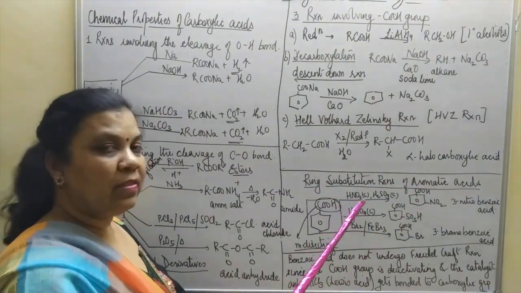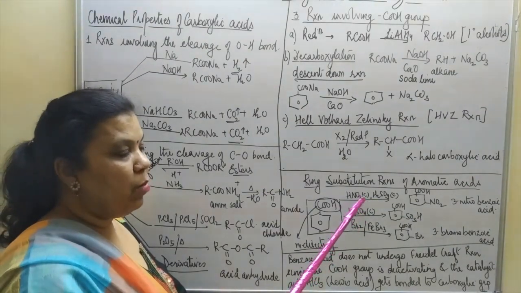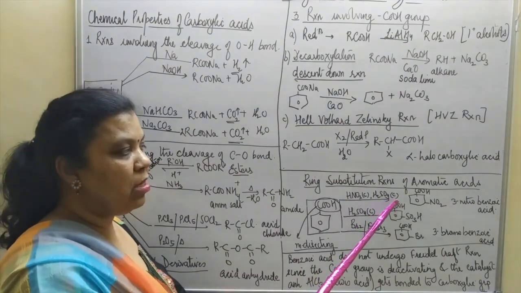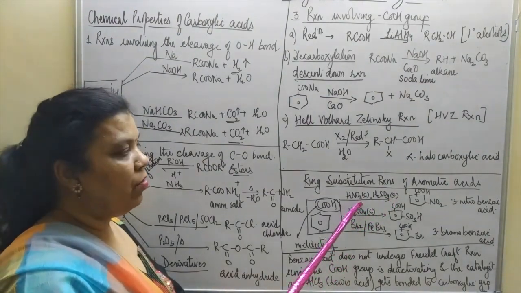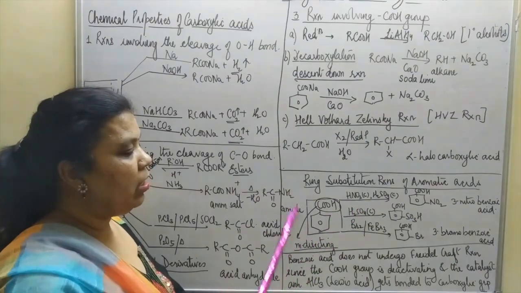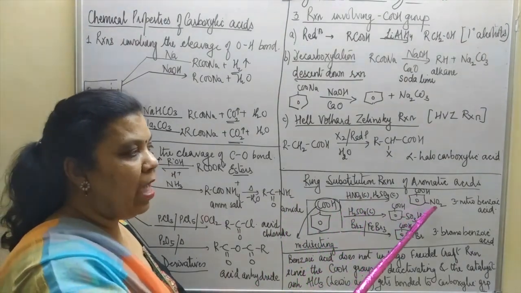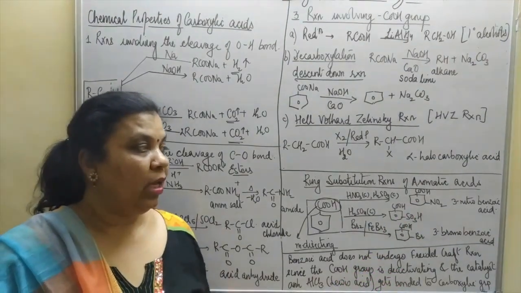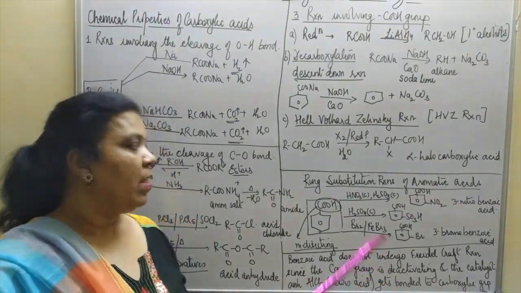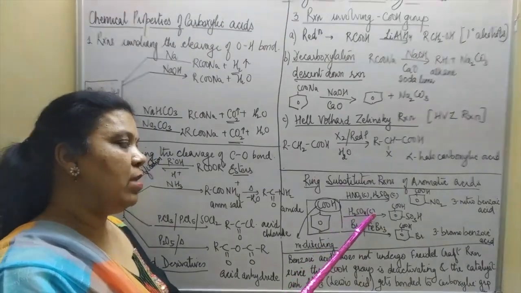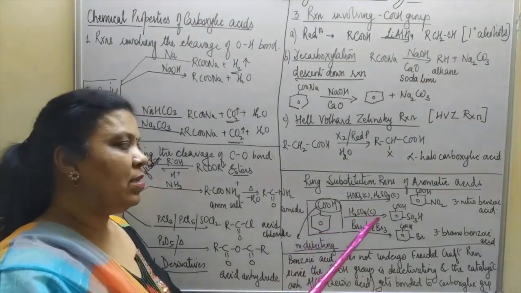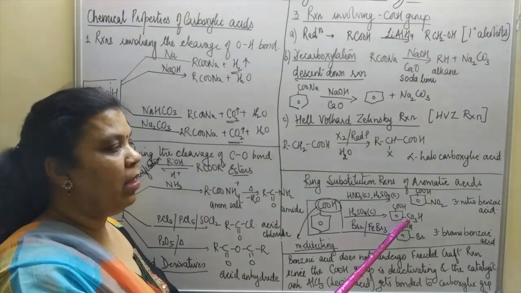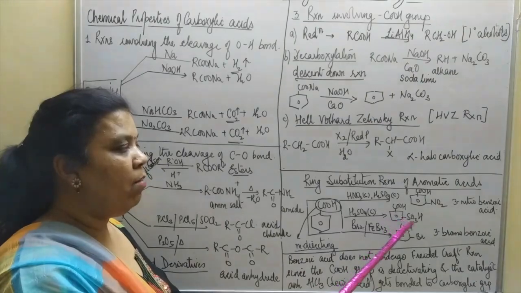For example, if you subject it to nitration, treatment with nitrating mixture, concentrated HNO3 and concentrated H2SO4 collectively called nitrating mixture, the nitronium ion electrophile gets substituted on the meta position, forming 3-nitrobenzoic acid. Similarly, sulfonation of benzoic acid will attach the SO3H electrophile at the meta position.